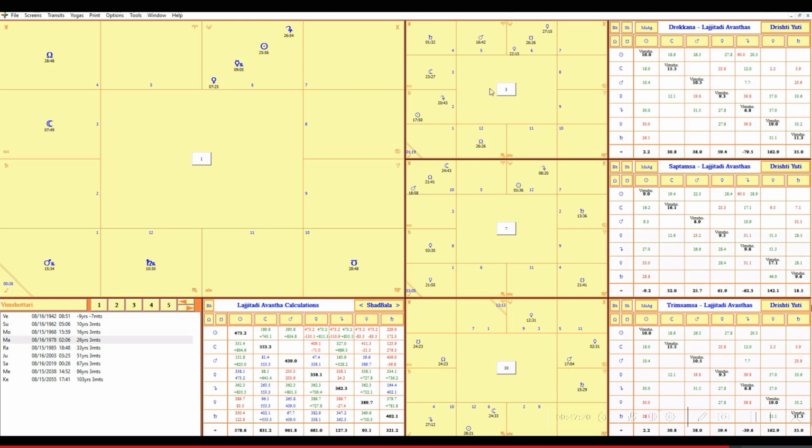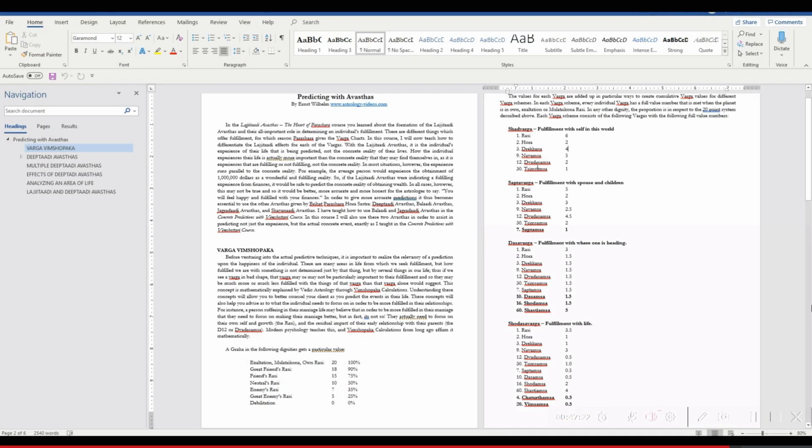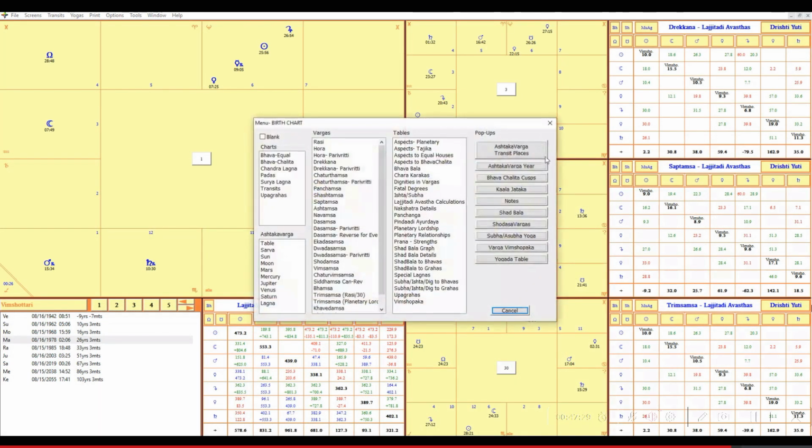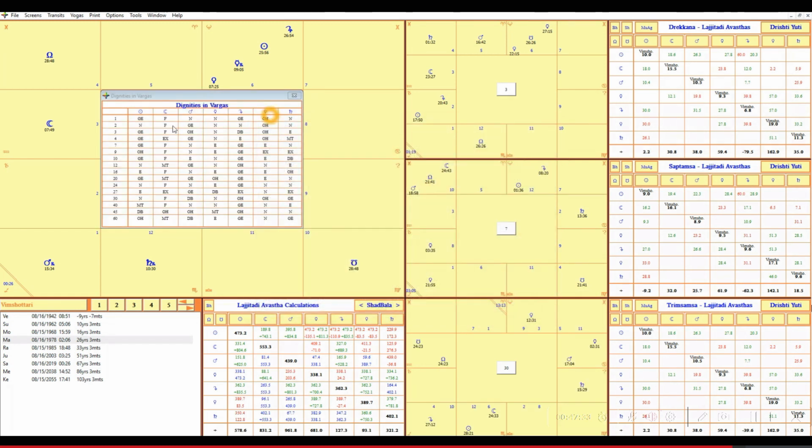Okay? One of those is the Drekana. The other ones would be the Rashi, the Hora, the Navamsha, and the Dwadasamsha. But of those, Mars is doing best in the Drekana, and he's not good in the Dwadasamsha, which means no, don't get this person talking about their parents in Mars Dasha, right?